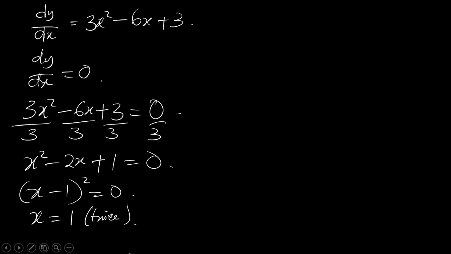So since it's twice, now let's further differentiate to get the second derivative, to know the nature of the stationary point. So now d squared y over dx squared will give us what? 6x minus 6.